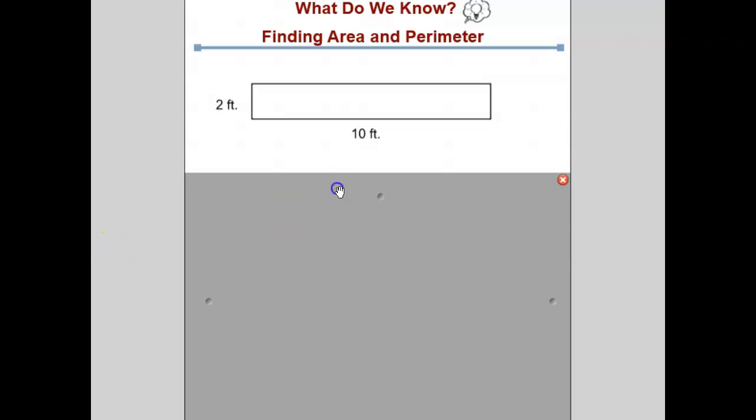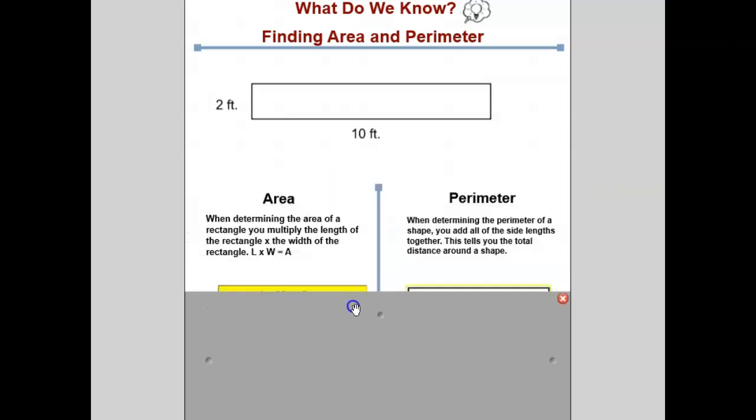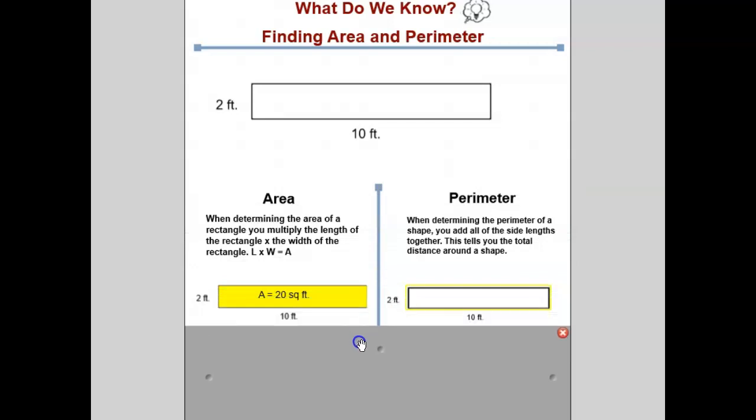3rd graders, you know that to determine the area of a rectangle, you very carefully multiply the length times the width.